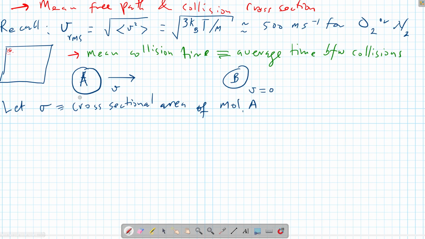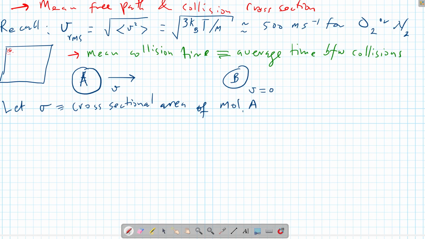And we're going to address this more, but for now we want to compute something called mean collision time, because that will lead us to be able to compute the mean free path of the gas molecules. Right?